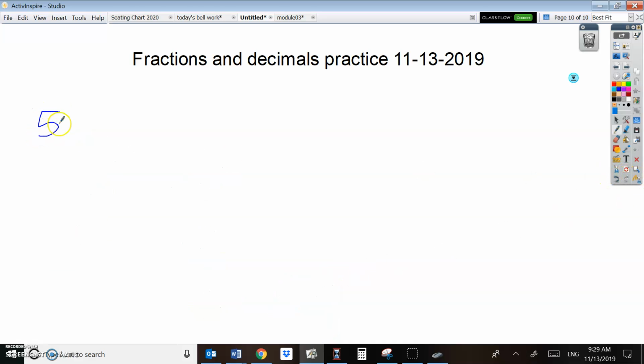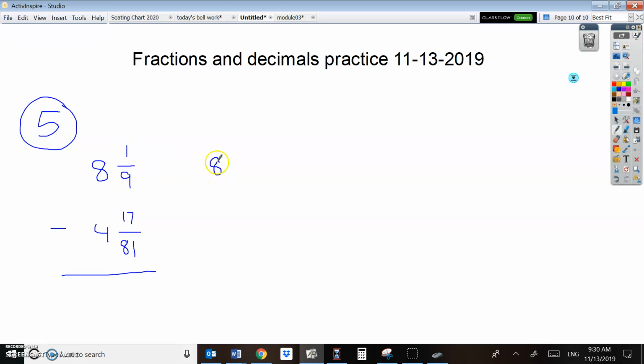Problem 5. 8 and 1/9 minus 4 and 17 over 81. Let's get a common denominator. 81 is a multiple of 9. Change that to 81.